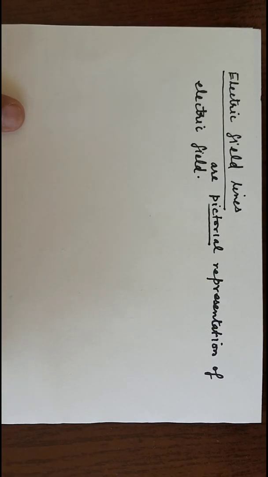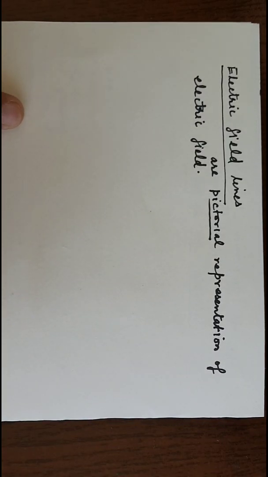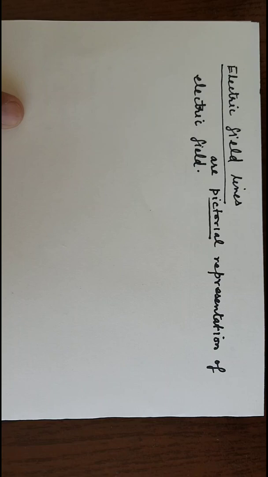To know the nature and the behavior of electric field, that is, to know the strength and the direction of electric field, we need to draw the lines, or in other words, to represent the strength and direction of electric field, we draw electric field lines.